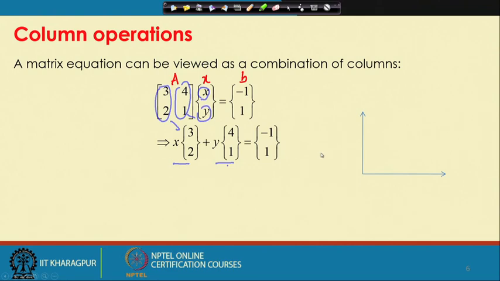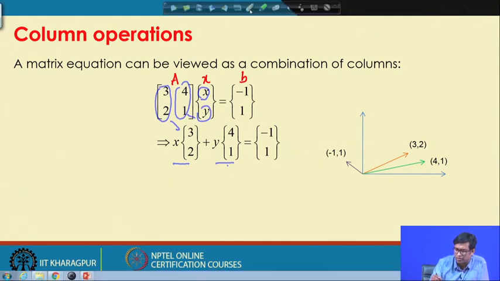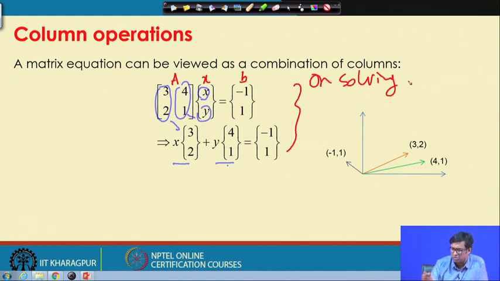So, in 2D space we can see these two are the vectors 3 2 and 4 1. Basically 3 2 is 3i plus 2j, 4 1 is 4i plus j, and the resultant vector is 1 1. Now, if I solve this equation, on solving, and we can do it by mental maths, we will get x is equal to 1, y is equal to minus 1.